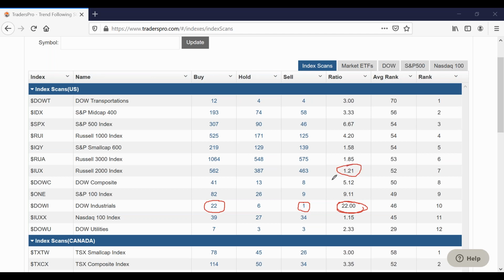There's still more buys than sells, but you can tell that it's pulled back a lot further than the Dow index, and it's showing up in the ratios here. When I see that, it fuels that belief that maybe we're going to start to see some of these smaller cap stocks that haven't been participating in the rally start to rebound a little bit.